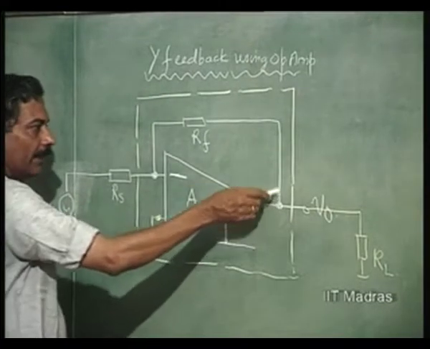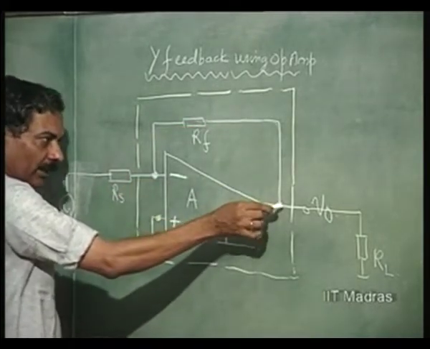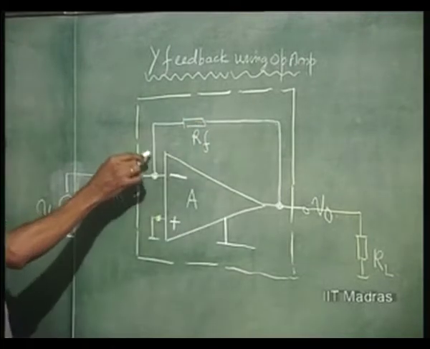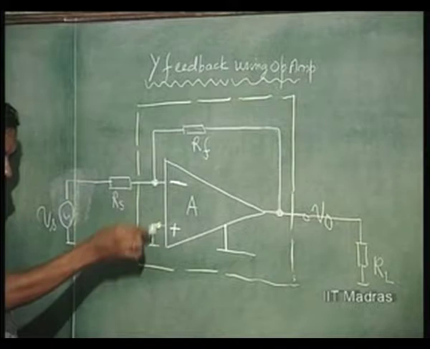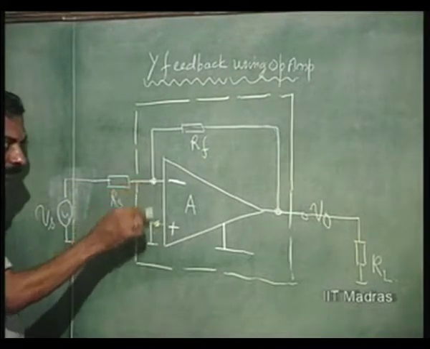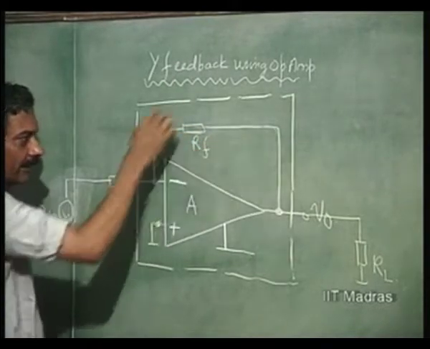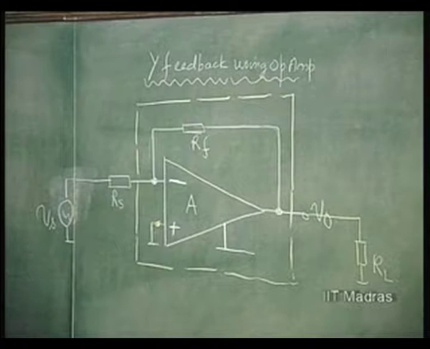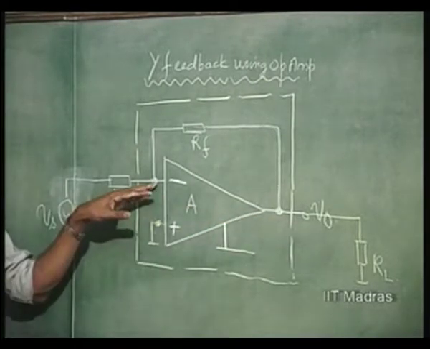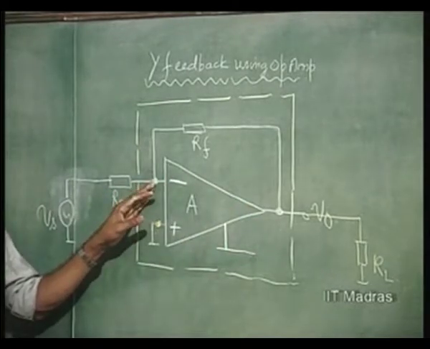The feedback is from the output, shunt at the output. That means output voltage is common to both amplifier as well as the feedback network. Shunt at the input, again the input voltage is common to both the amplifier as well as the feedback network. So, the feedback network is RF, a single resistor connected from output to input. Output it is coming in shunt, input it is coming in shunt.